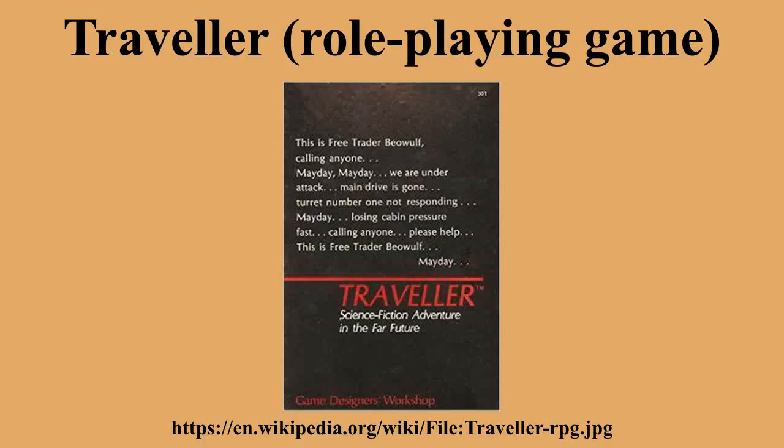Equipment in Traveller typically emphasizes wilderness exploration, hazardous environments, and combat. As a result, equipment lists are heavy on vehicles, sensor equipment, communicators, rations, personal armor, and weapons. Low technology.